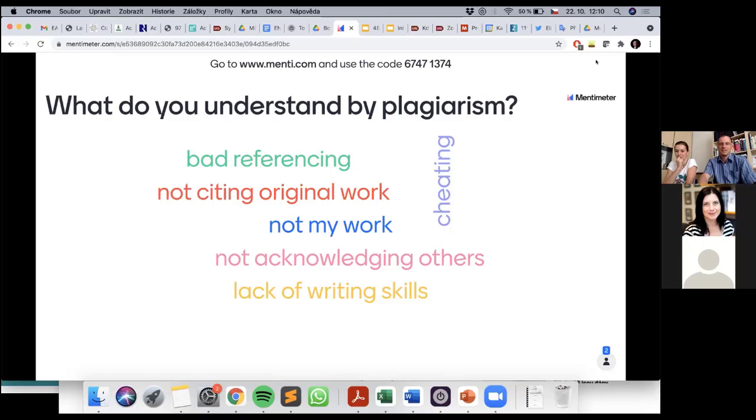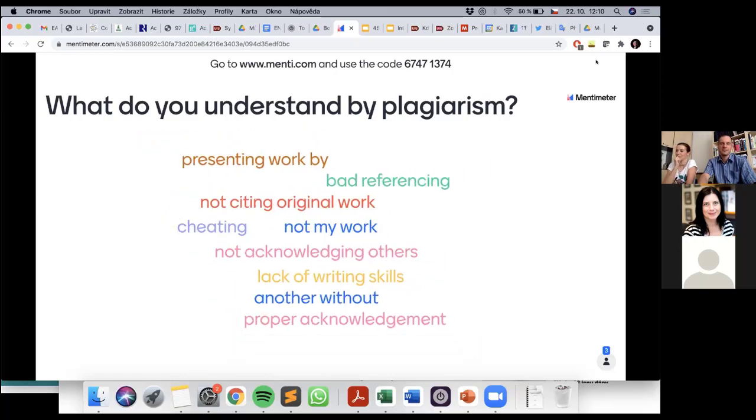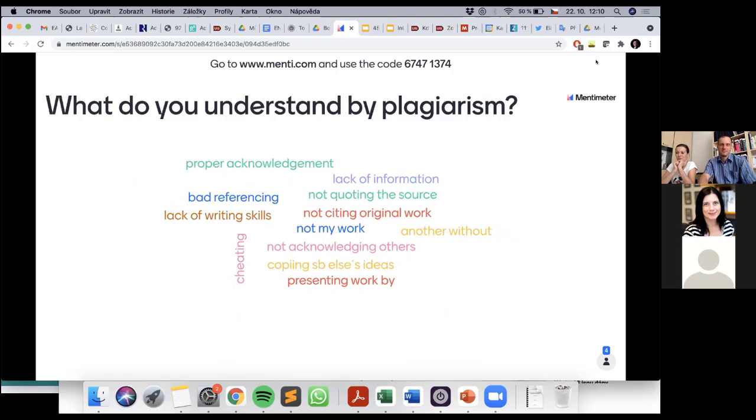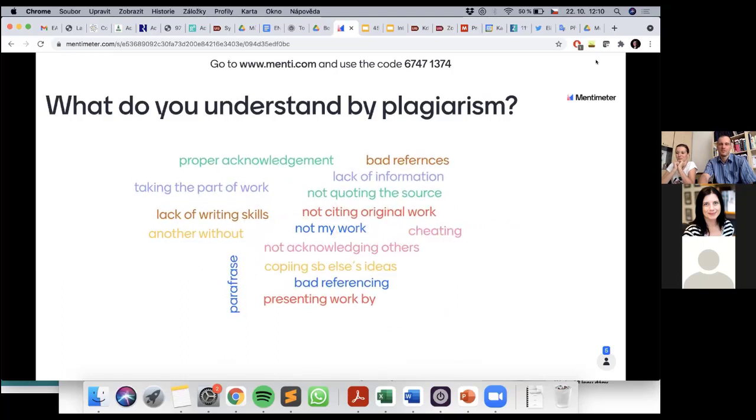So we have cheating here, we have not citing original work or bad referencing, and not acknowledging others. Yeah, without proper acknowledgement. We have also lack of writing skills. We have paraphrase, taking part of the work.